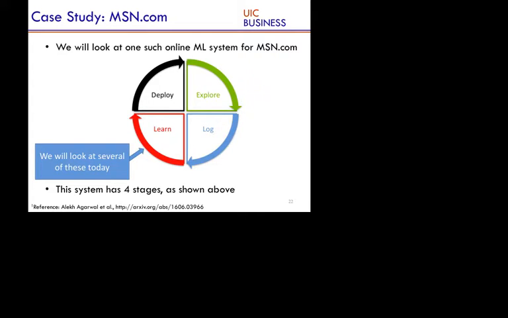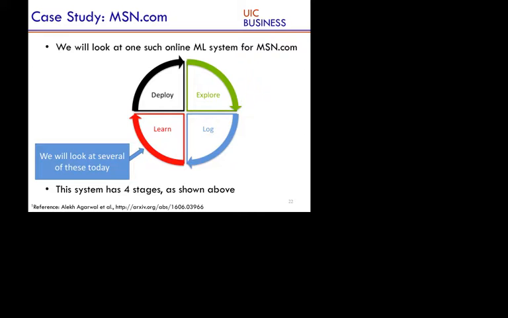So we're going to look at an online machine learning system for this particular web property, msn.com, and they have 4 stages in their system. There's a deploy stage. We're going to discuss the explore stage. There's a logging of the data, and there's the learning part. And we're going to focus on learning and how it relates to exploration today.